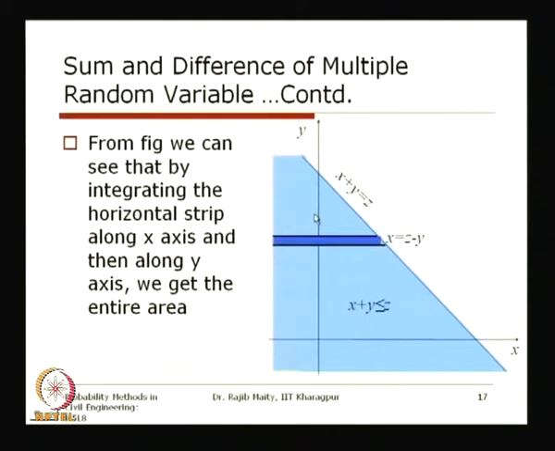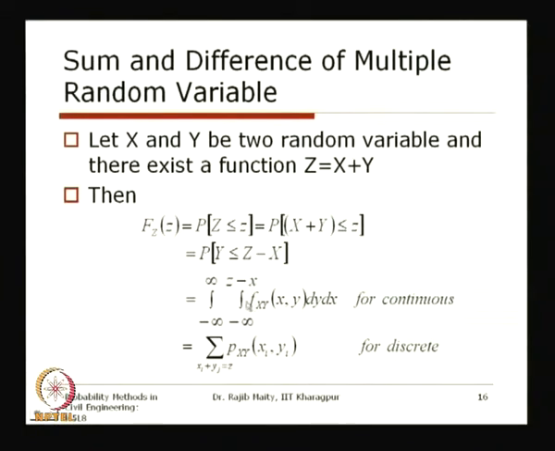So, this is what we have just shown as the integration limit, for this x. So, this will be dx dy. For dx, the limit is from minus infinity to z minus x, and for dy, the limit is from minus infinity to plus infinity.